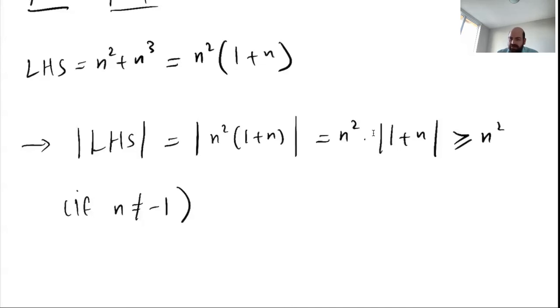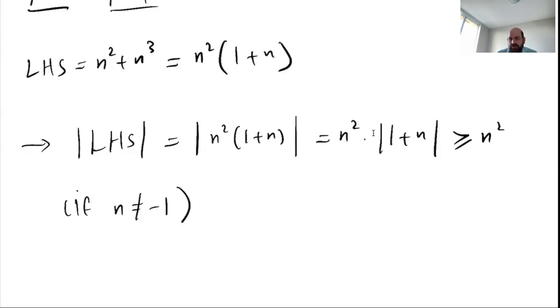If you multiply a given number with a positive integer, you get something bigger than or equal to the original number. You cannot get something smaller. So I have n squared times a non-negative integer.